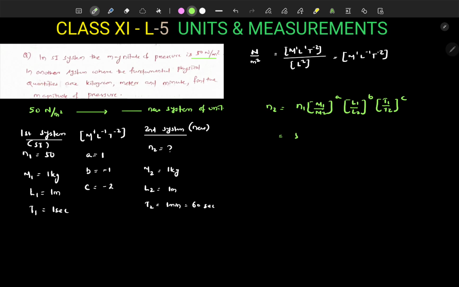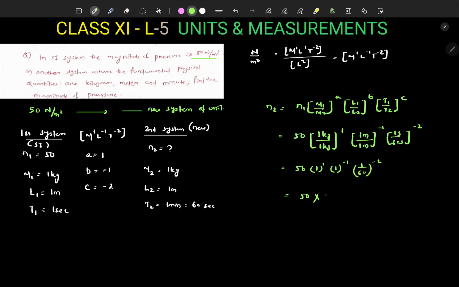So this is equal to 50 into 1 kg by 1 kg power 1, then 1 meter by 1 meter power minus 1, then 1 second by 60 seconds power minus 2. So it will be 1 power 1, then 1 power minus 1, and 1 by 60 to the power minus 2.